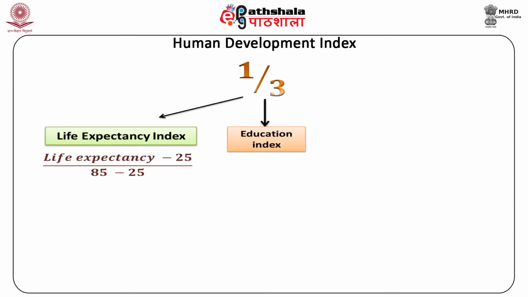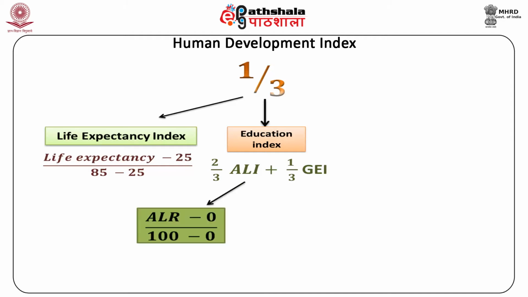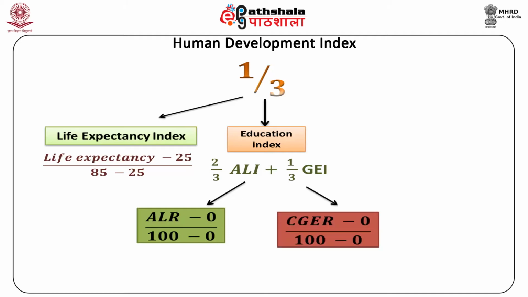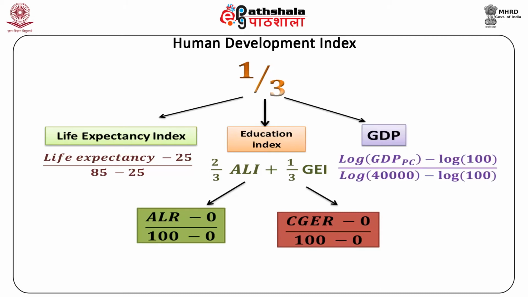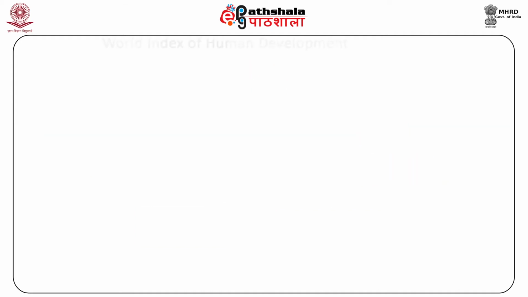Education index equals two-thirds weighting adult literacy index plus one-third weighting gross enrollment index, where adult literacy index equals (adult literacy rate minus 0) divided by (100 minus 0), and gross enrollment index equals (combined gross enrollment rate minus 0) divided by (100 minus 0). GDP index is equal to (natural logarithm of gross domestic product per capita at purchasing power parity minus log of 100) divided by (log of 40,000 minus log of 100). The World Index of Human Development is also calculated.